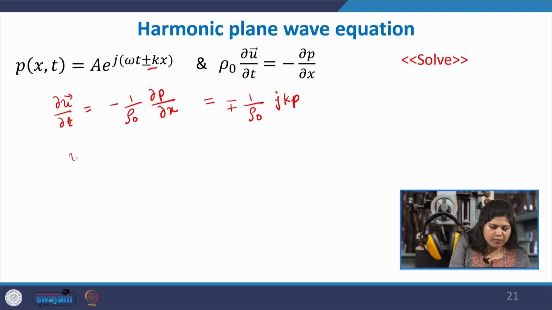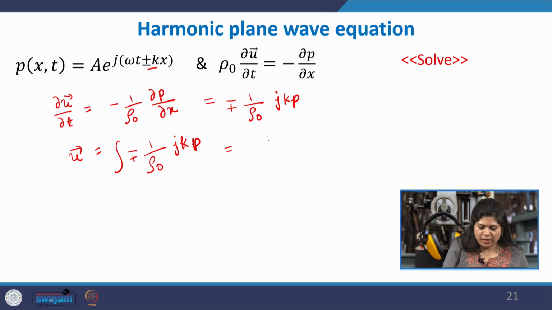Now, u would be what? It would be the integration with respect to time of this particular thing here, fine. So, we integrate it again, this plus minus whatever. We are integrating this pressure p with respect to time, and it has got this particular constant here.